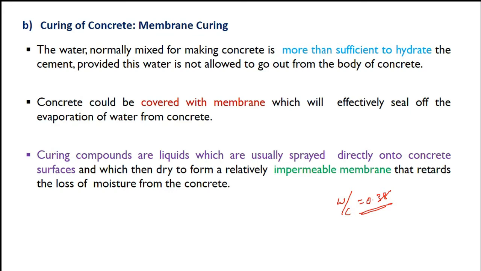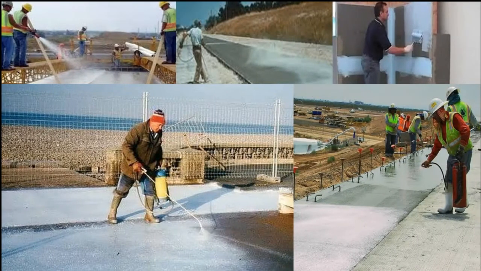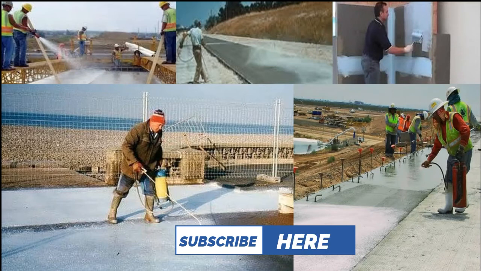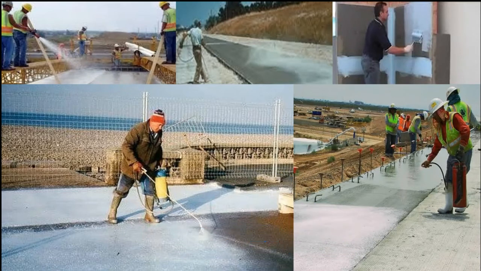In this method, the curing compounds are sprayed on the concrete surface, and after they dry, they form an impermeable membrane on the concrete surface, and thereby avoid the loss of water. As you can see in this image, this is a curing compound sprayed on the concrete surface, and it hardens and forms an impermeable layer on top of the concrete, and the water inside the concrete cannot escape from this surface.